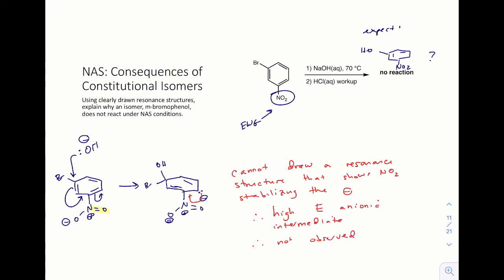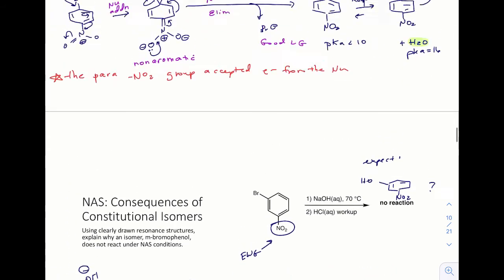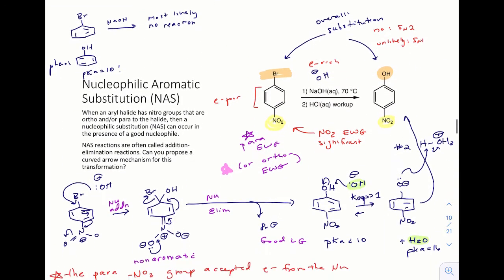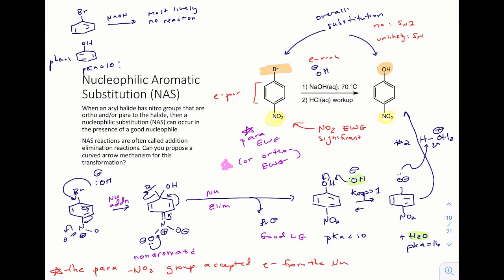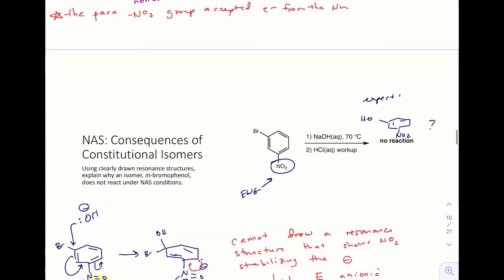The conclusion we can draw from these slides is that an electron withdrawing group, a really strong one, is needed either para or ortho to the leaving group in nucleophilic aromatic substitution reactions.